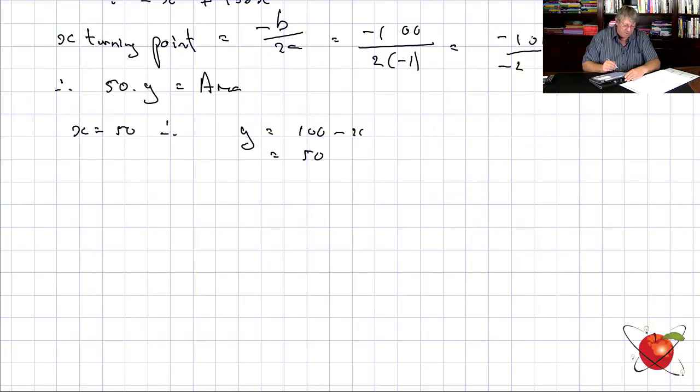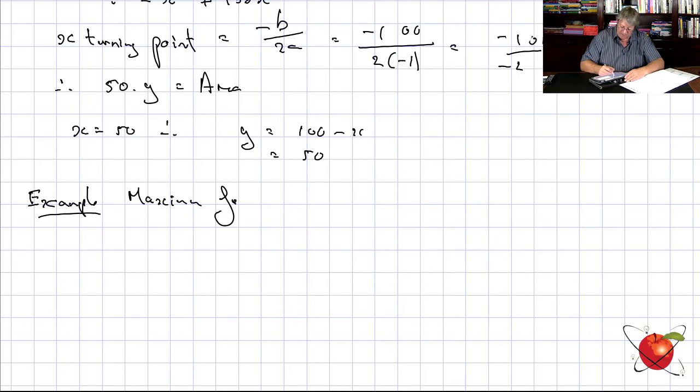A similar problem is where they tell us the maximum available fencing is 100 meters. So it's the same problem, similar. This time I must make sure I divide through by what I need to. So we've basically got maximum fencing is equal to 100 meters, right? And they say we're going to be doing this.